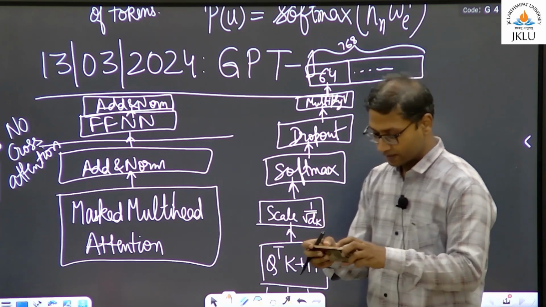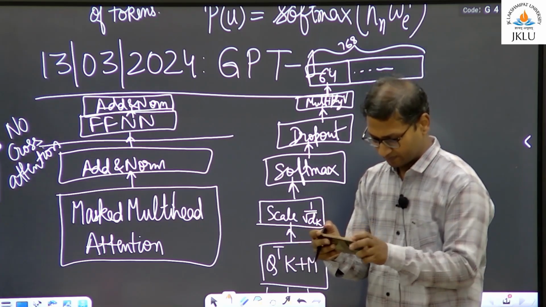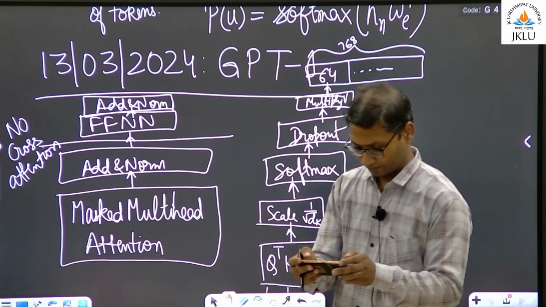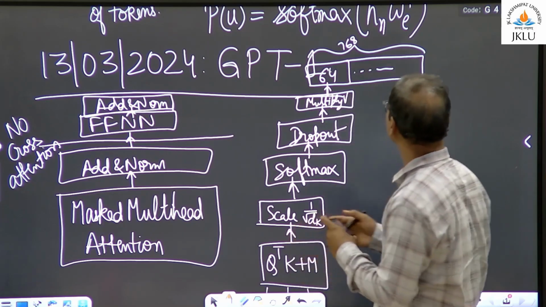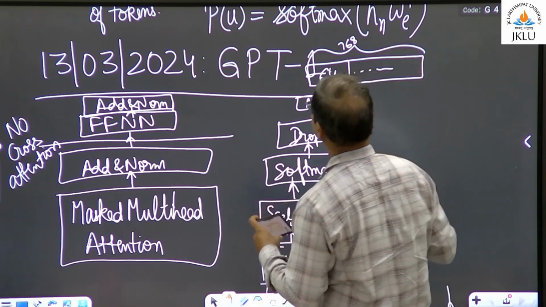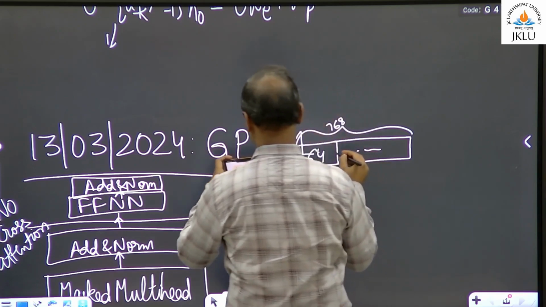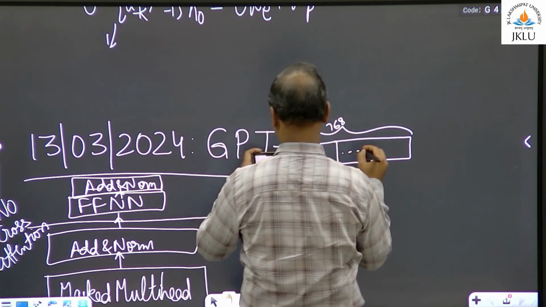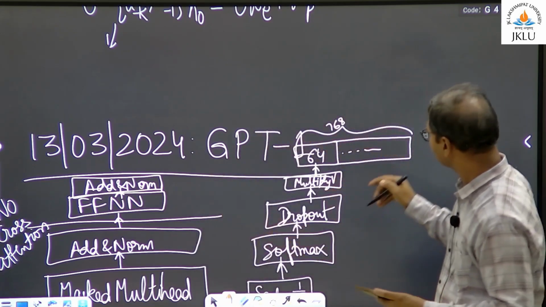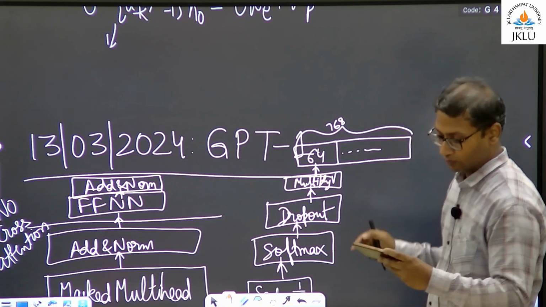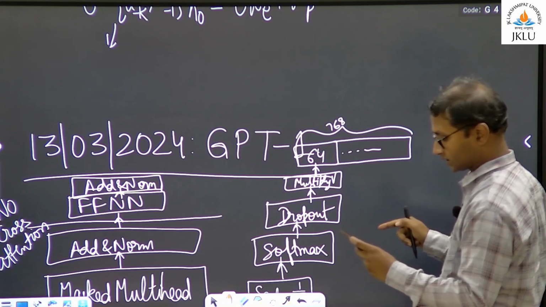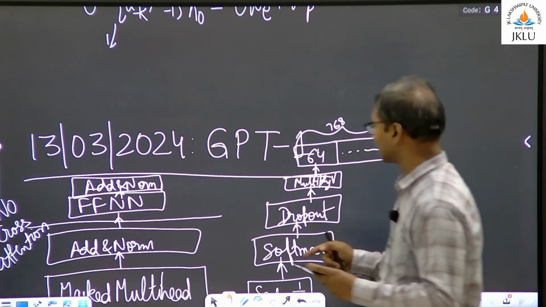Now once you have this 768, what do you do next? So you have concatenated, you do dropout again. So 768 is what you have. After doing this, what do we do?